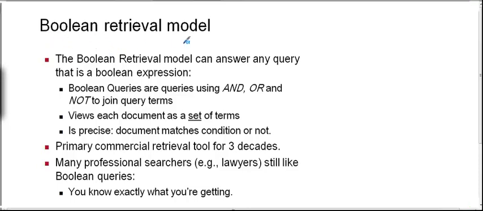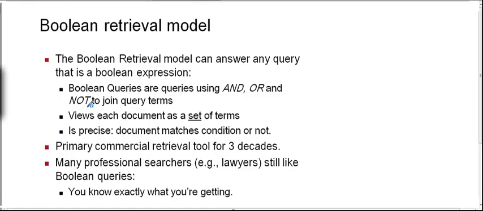But what is this Boolean retrieval model? When we talk about Boolean retrieval, we have to look at the scenario in two ways. Firstly, the query is a Boolean query, right? What that means is the query is constructed using terms which are then connected to one another using AND, OR, and NOT operators.